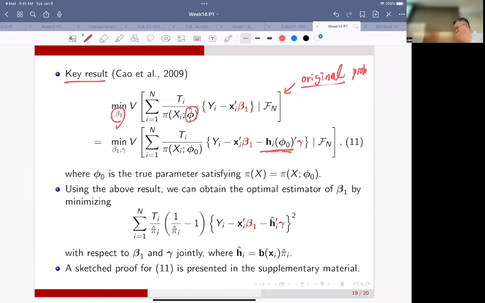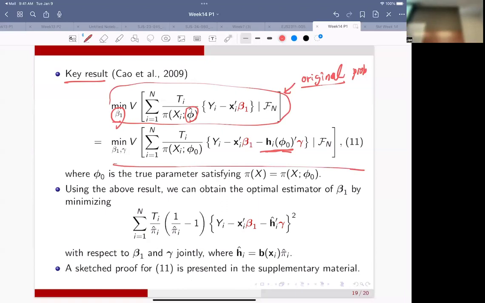So the art of problem solving is to translate the original problem into a problem that you can solve. Once you translate your original problem into a problem that you can solve, then you can find the answer.